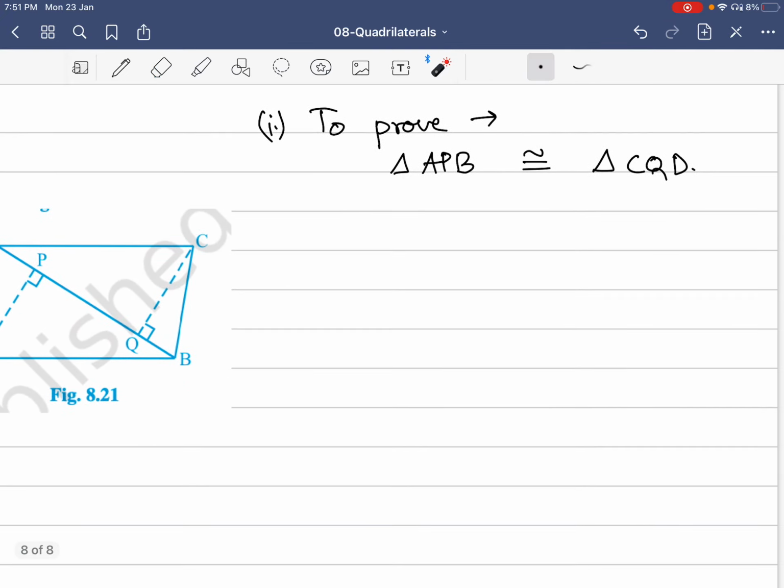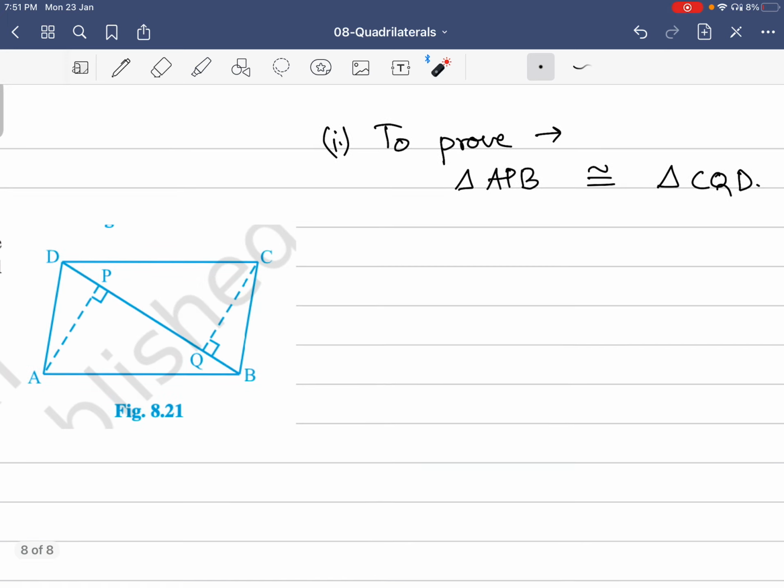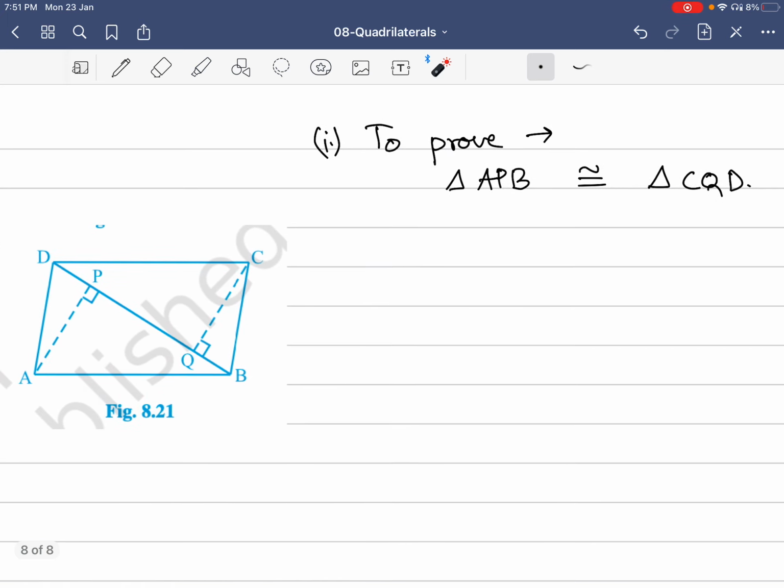Now we are going to use the same diagram, and I've just noted down the question here once again. We have to prove that APB is congruent to CQD. Now in APB and in CQD, we can see that one angle is 90 degrees, which are congruent to each other. So first let's quickly make a note of that.